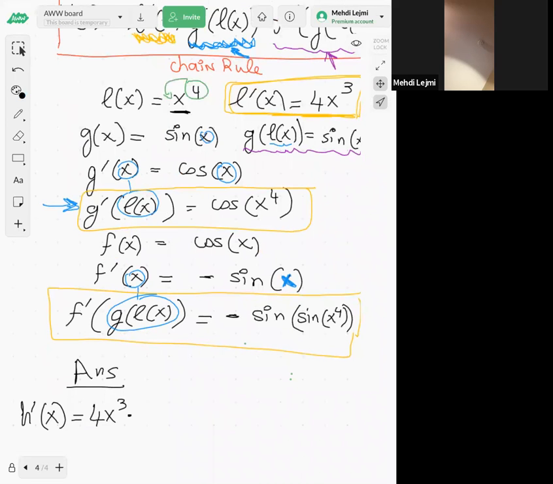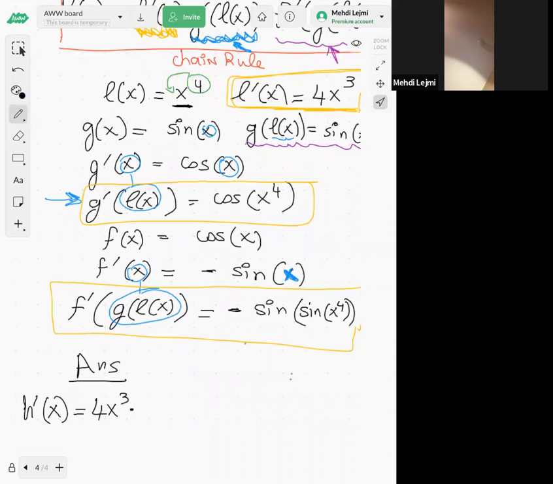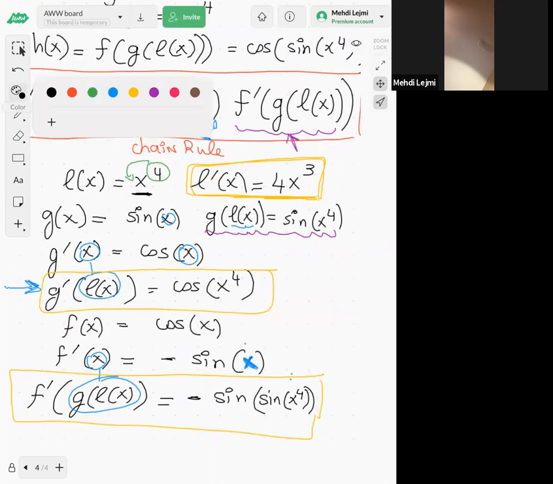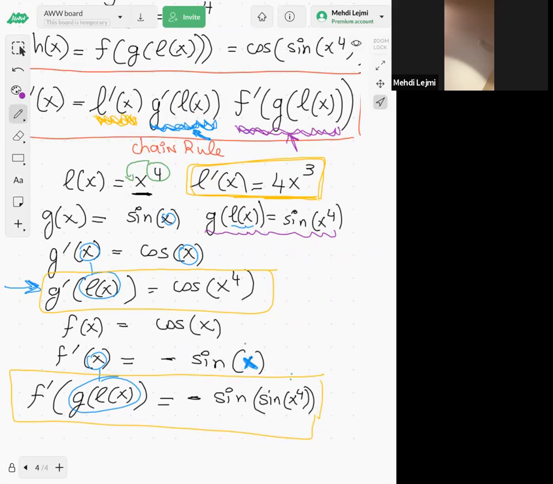Times, and then we need f prime of g of L of x, right? Here is my f prime of g of L of x. It's minus sine of x fourth.